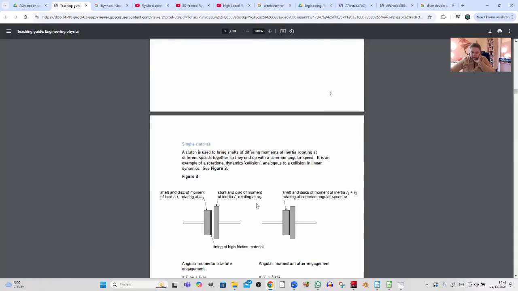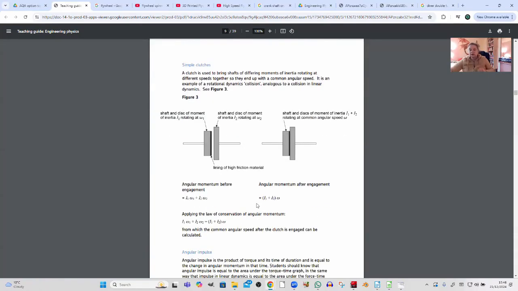And then there's simple clutches, and this is where you get the sum of the angular momentums before and the sum of the angular momentums afterwards. Can you see this is where you've got two masses? So imagine linear momentum, and you've got train trucks and they lock together so that afterwards they're moving together. Well, this is the same thing.